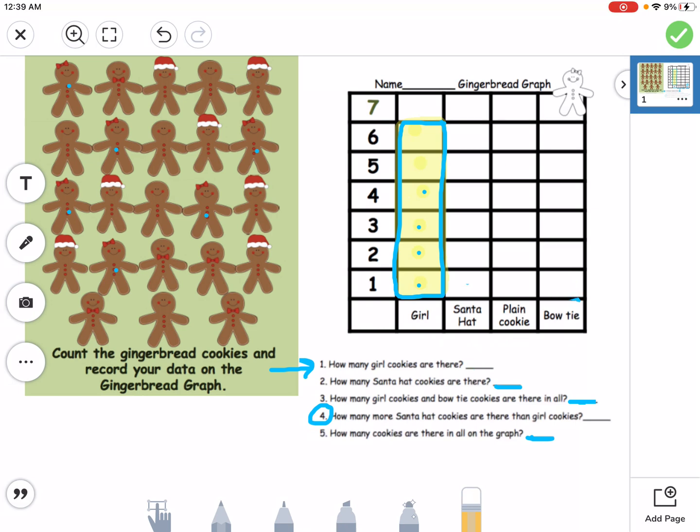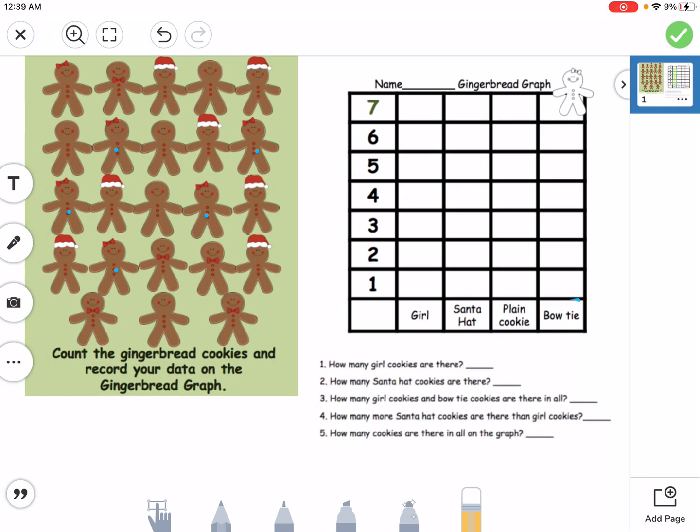If you're having trouble, that's okay, Mrs. Hensley's friends. This is hard, and I understand that. Okay? This is difficult, and I understand. You can get help on this from an adult, but I do want you to try to see if you can figure it out first on your own, okay? I hope you guys have fun doing your gingerbread graph.